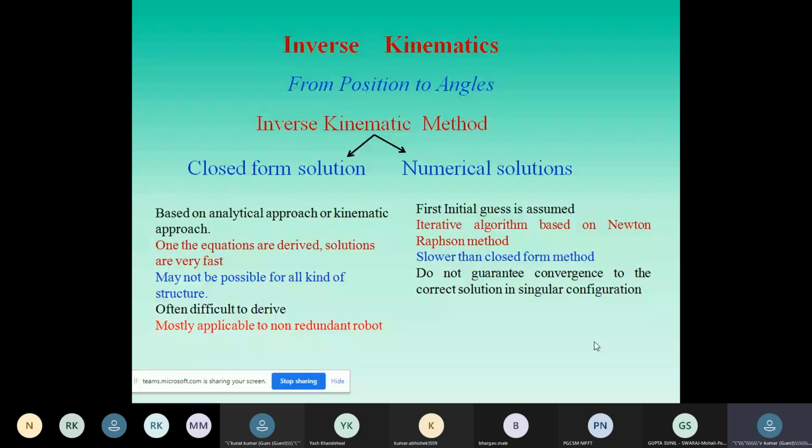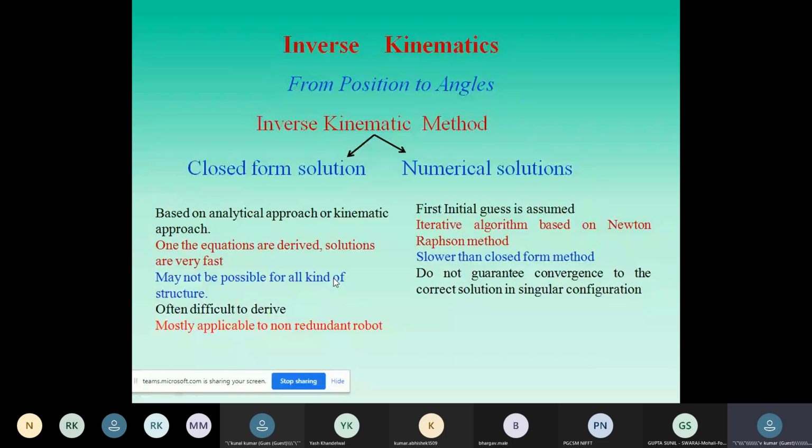If you calculate the solution by this method, then it is very easy to apply in an algorithm. But it may not be possible for all kinds of structures.